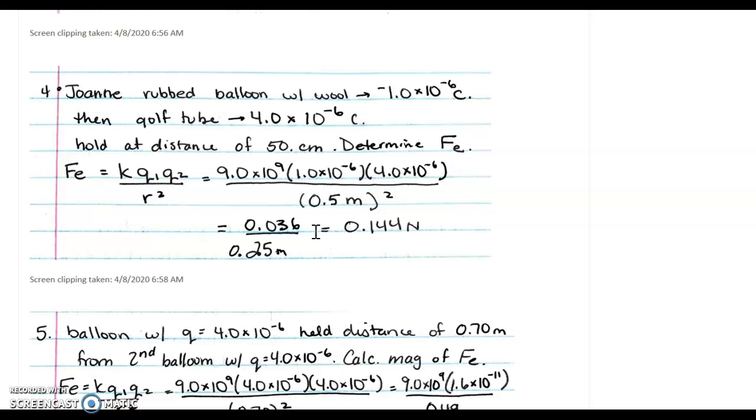You take that K value times your two Q values, and then you divide that by r squared. So you had to change the r from centimeters to meters, and you have to remember to square it. Otherwise, you don't get the right answer. The answer is 0.144 newtons. Okay?